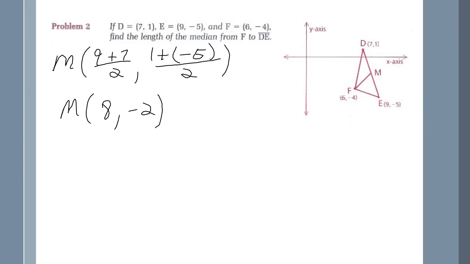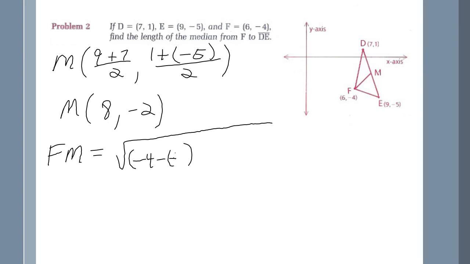Now, to find the distance of the median, so FM. So FM is equal to the square root of, let's be smart here. Let's do the Y's first. So F is negative 4, so negative 4 minus negative 2. Square that.